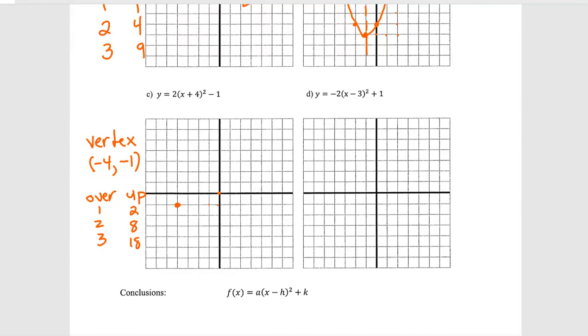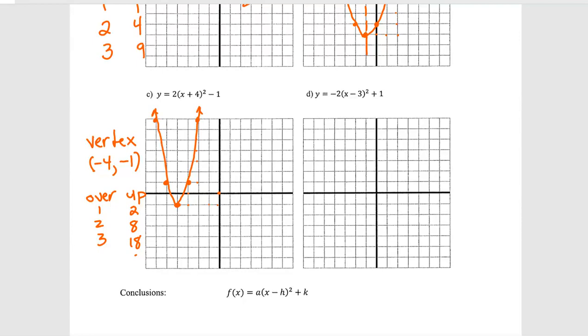Then 9 times 2 is 18, which I'm definitely not going to fit. From my new vertex, I go over 1 and up 2 with its match, then over 2 and up 8. It just fits. Everything is way taller than before.